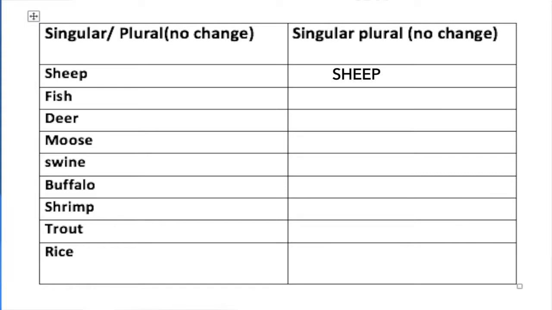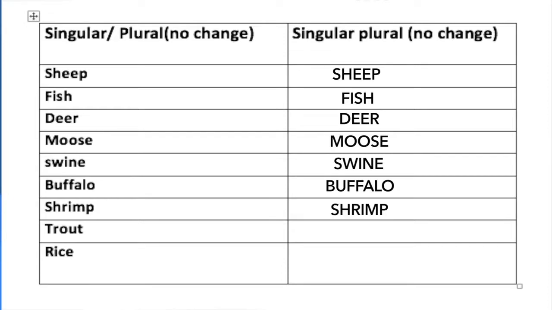Sheep, sheep. Fish, fish. Deer, deer. Moose, moose. Swine, swine. Buffalo, buffalo. Shrimp, shrimp. Trout, trout. Rice, rice.